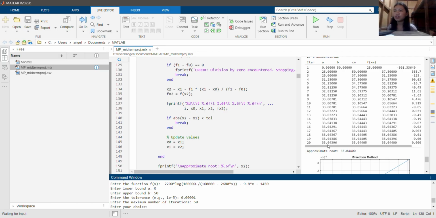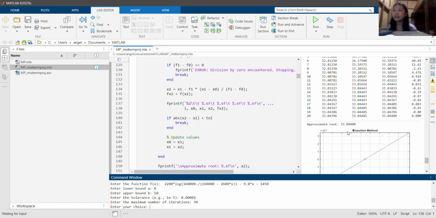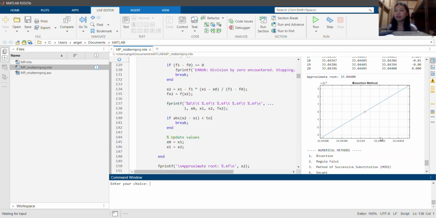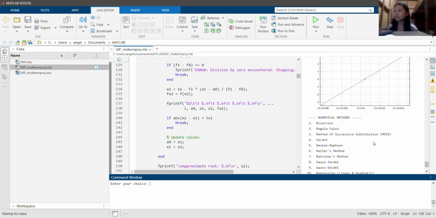So here you can see that the iterations stop at iteration 20 and our approximate root is 33.04400, and below it is our graph. As you can see, here is our approximate root pinned by the red dot.